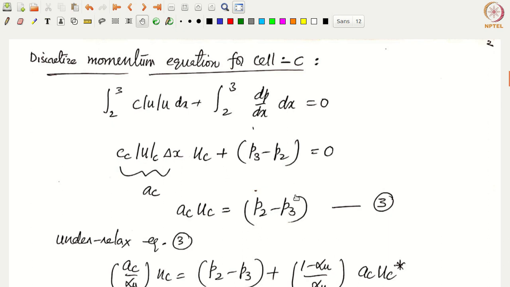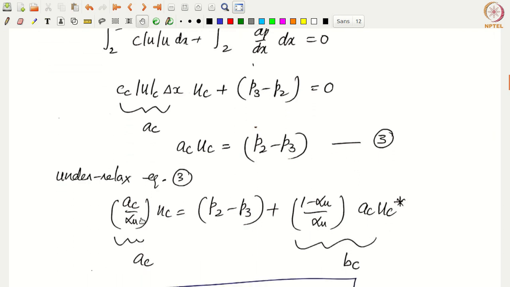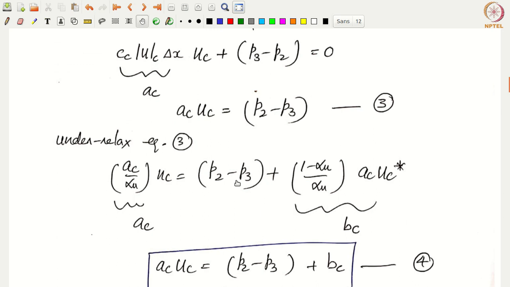Of course, because of the nonlinearity in the source term, we have to also underrelax this. So the underrelaxed equation for equation 3 is A_C by alpha_u u_C equals P2 minus P3 plus (1 minus alpha_u) by alpha_u times A_C u_C star. Again, this quantity can be considered as some B term, that is B_C, and this is your pressure term, P2 minus P3.